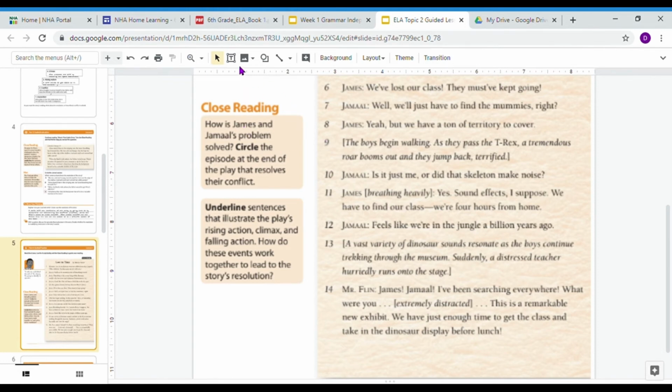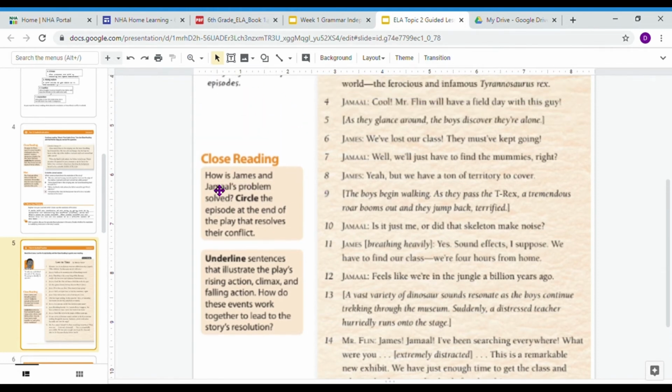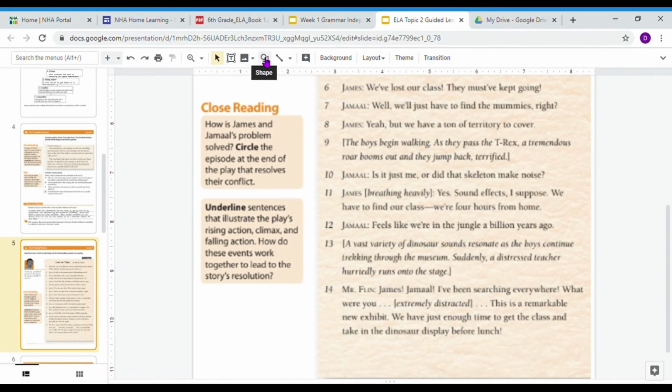So looking over here at our close reading, it says, how is James and Jamal's problem solved? Circle the episode at the end of the play that resolves their conflict. So how did James and Jamal solve their problem? Or when did their problem get solved? Their problem was that they couldn't find their class, right?